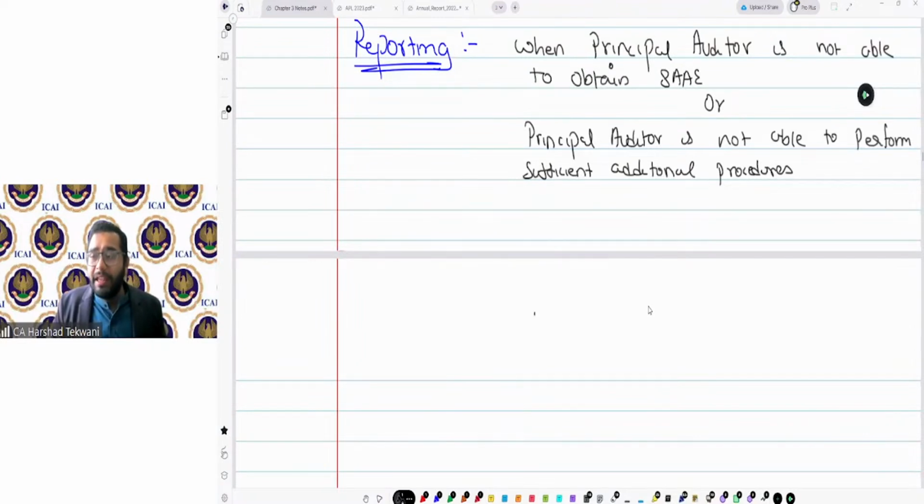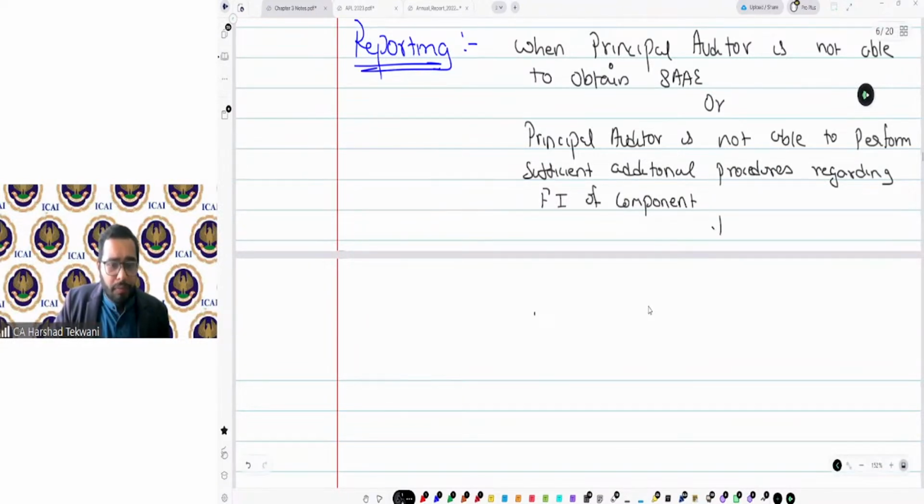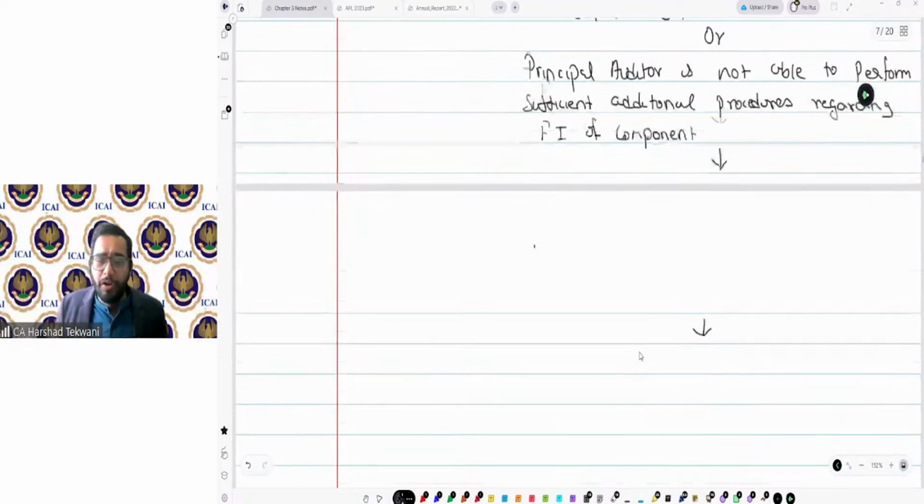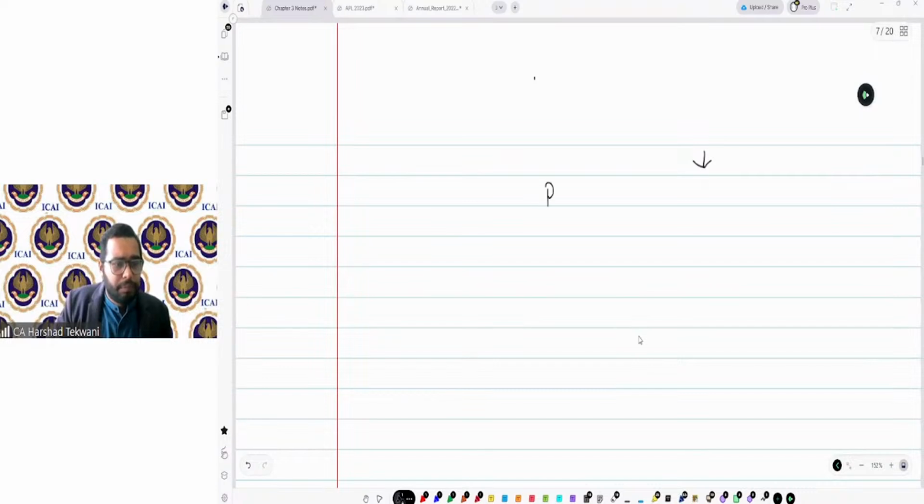These are the procedures we are talking about, the performance of additional procedures, regarding the financial information of the component audited by the other auditor. In that case, the principal auditor should express a qualified opinion or a disclaimer of opinion.